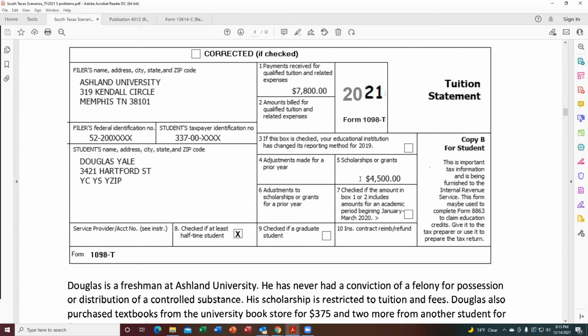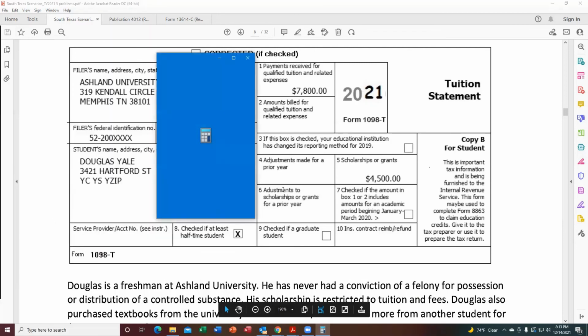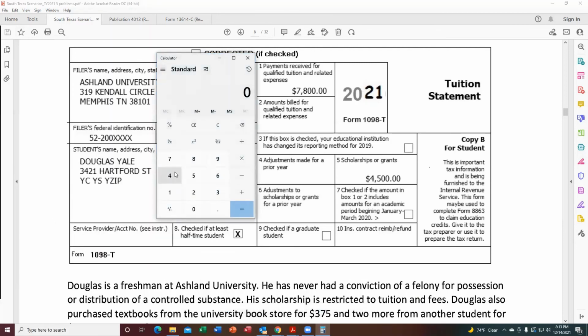So when you do that, let me see here. So we're gonna take the 7,800 minus the scholarships or grants. Because remember, we're looking at what was out of pocket. So out of pocket, just looking at these two boxes, out of pocket was 3,300 plus whatever else they paid.